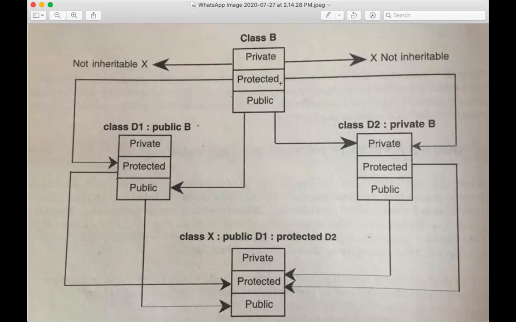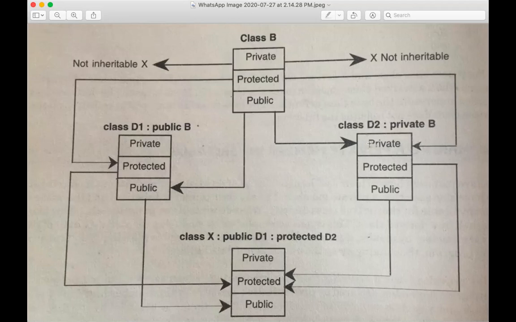But the protected field, now you can see here D1 and D2, these are the two classes that I have written, which are derived from class B. D1 is derived from B as a public derivation and D2 is derived as a private derivation.